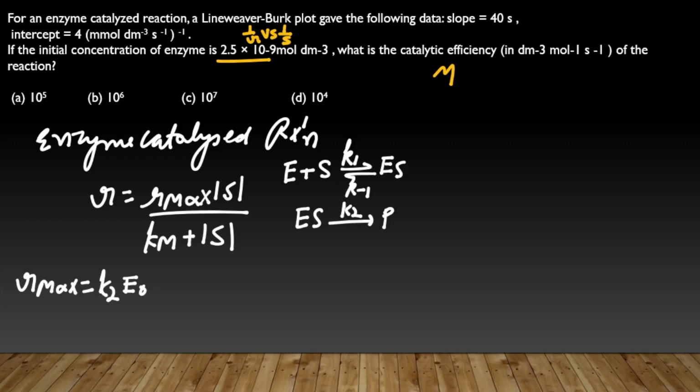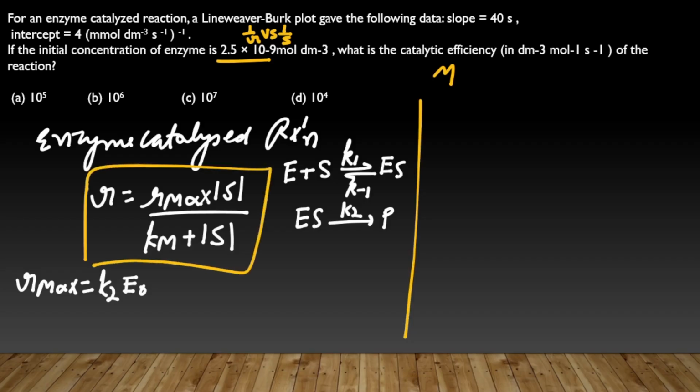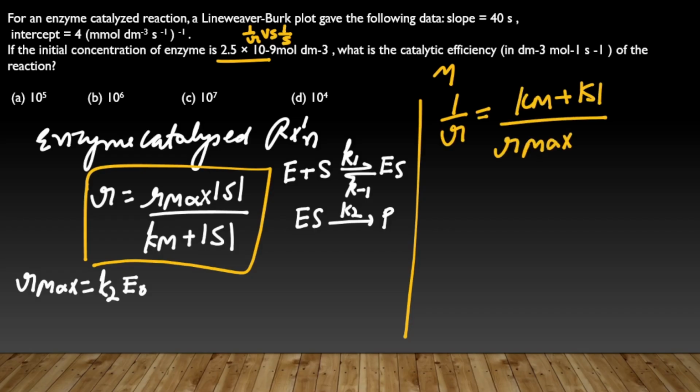So now for 1 by R versus 1 by S, we want to reciprocate this rate expression. It will become 1 by R equals Km plus S upon R max into S. On expansion, it will become Km upon R max into 1 by S, plus 1 by R max.